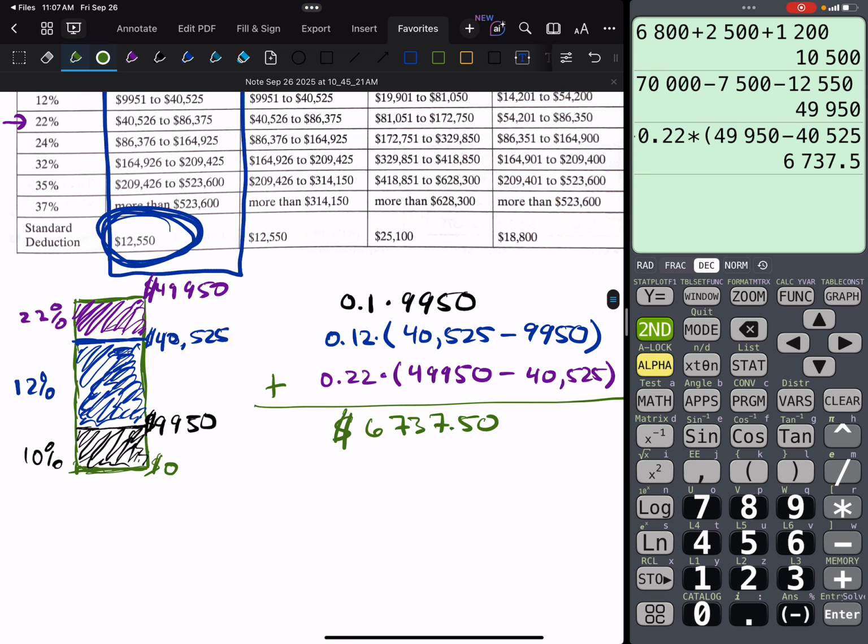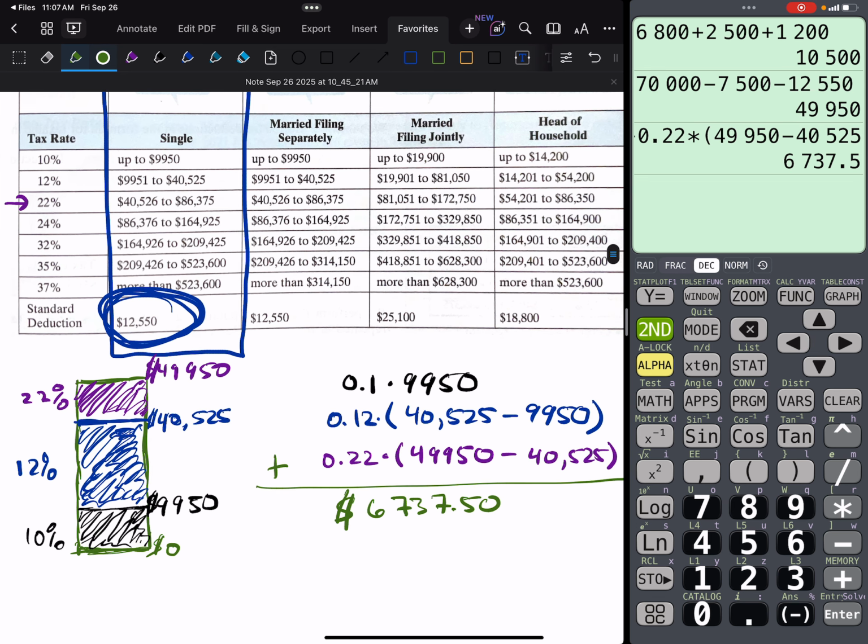One thing I would really like to point out that is confusing from this table, and I really don't like the way this table is laid out because of this particular kind of contradiction, is they talk about up to 99.50, and then they kind of skip a dollar and talk about 99.51 up to 45.25. Completely ignore these values.